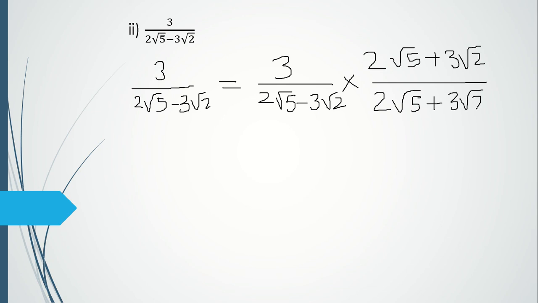Now in the denominator, we will have a minus b, a plus b, and we know the formula: a plus b times a minus b is a square minus b square.